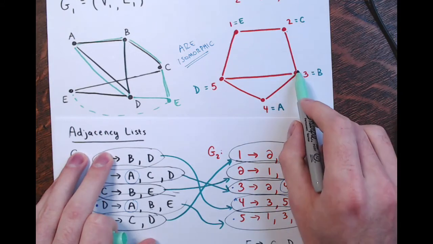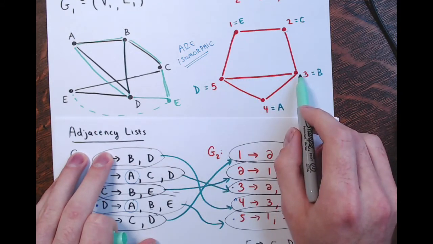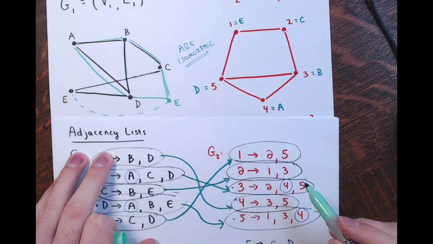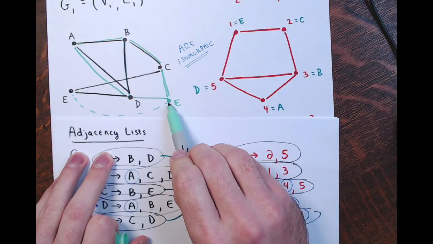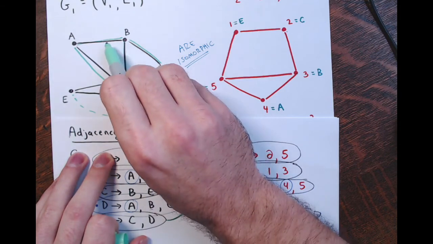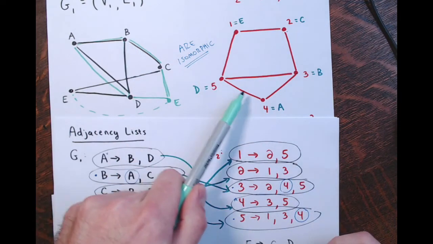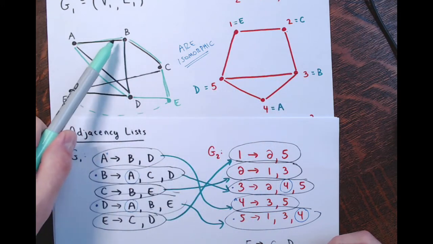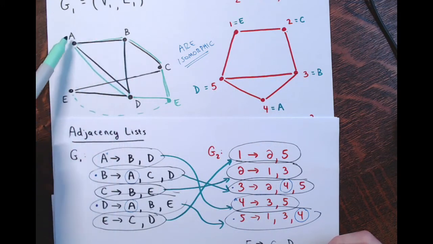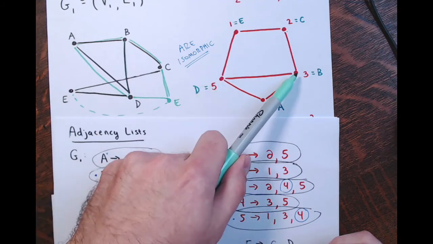So B and D would have to be the 3 or the 5, and then you can cycle around, right? And then you have the triangle down here, the 3, 4, 5 triangle. So the ABD triangle has to correspond to the 3, 4, 5 triangle.